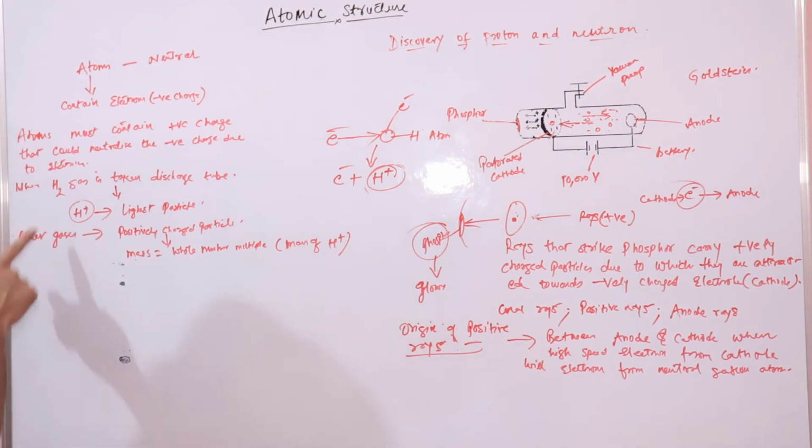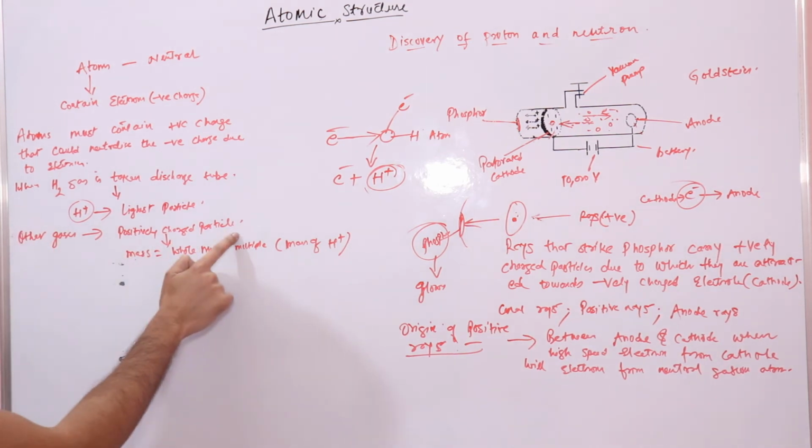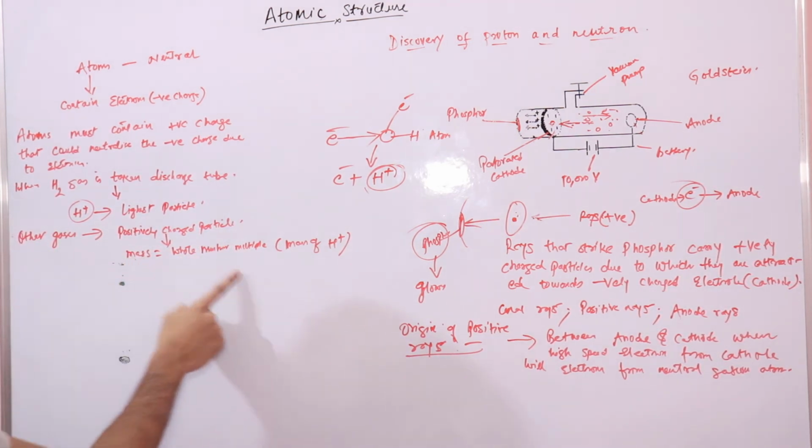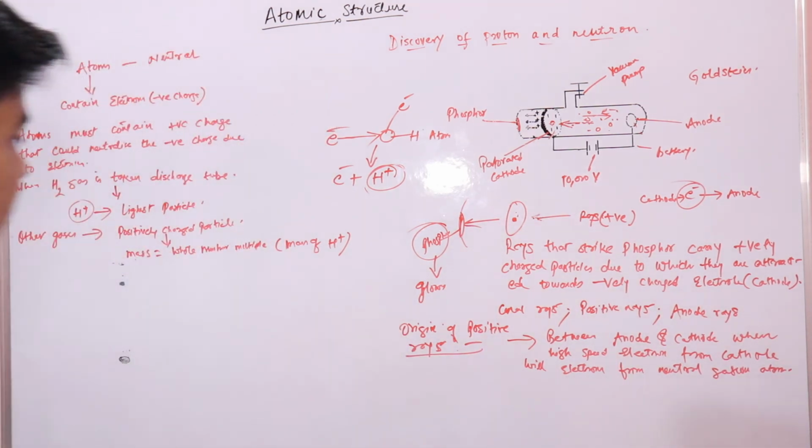So this is the lightest in the discharge tube experiment, and the positively charged particles due to other gases are found to be a whole number multiple of the mass of hydrogen ions.